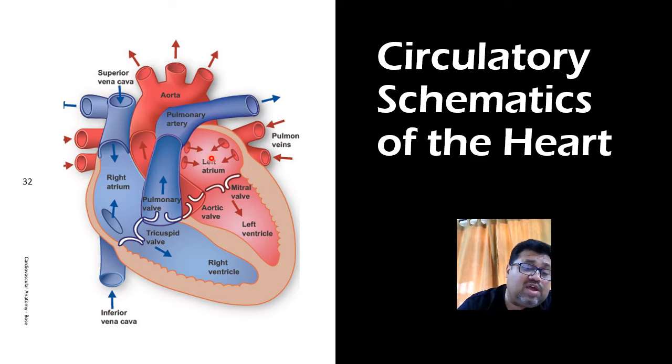The blood arriving in the left atrium will go through the mitral valve into the left ventricle, and then on contraction or systole of the left ventricle will push it out through the aortic valve into the aorta. And you can see the three divisions of the arch of the aorta shown here, and correlate with previous slides and the textbook.